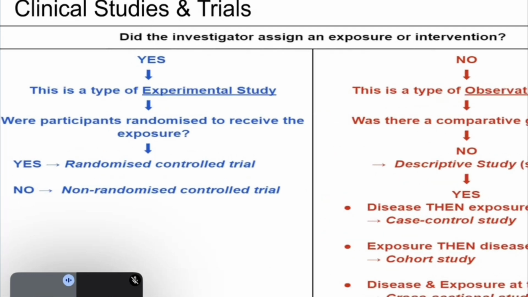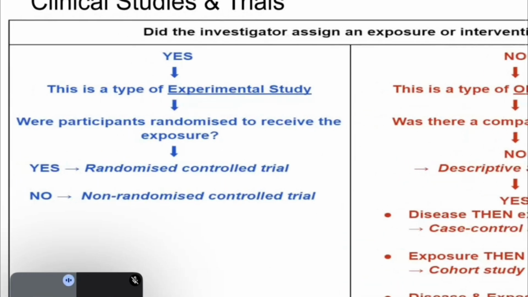Now, if you understood that it's an experimental study, the next question will be, were the study participants randomized to receive the exposure? Now, what is this term called randomized? Randomized means: are the study subjects selected based on a random outcome, or are they selected based on certain characteristic features that they share?